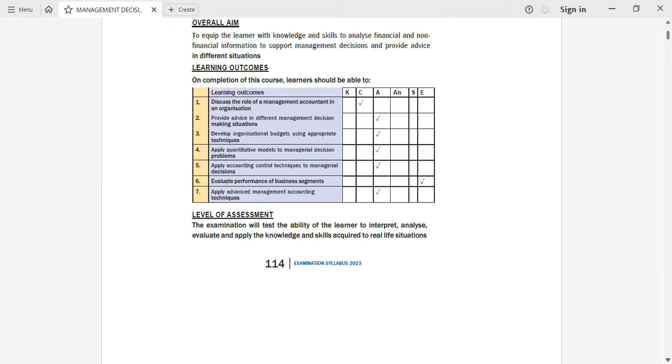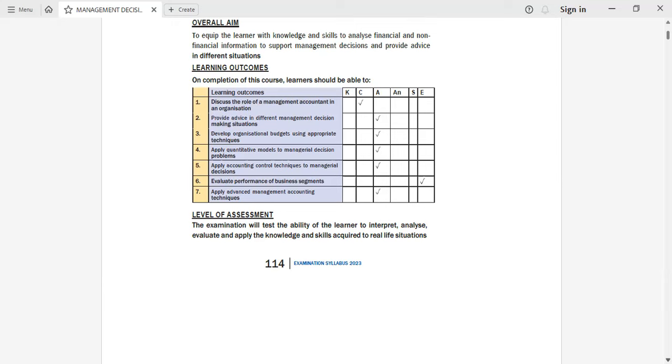This is what I've been talking about, real life situations, what is actually happening on the ground. So they are going to be testing the ability of the learner to interpret, analyze, evaluate, and apply the knowledge and skills acquired to real life situations.